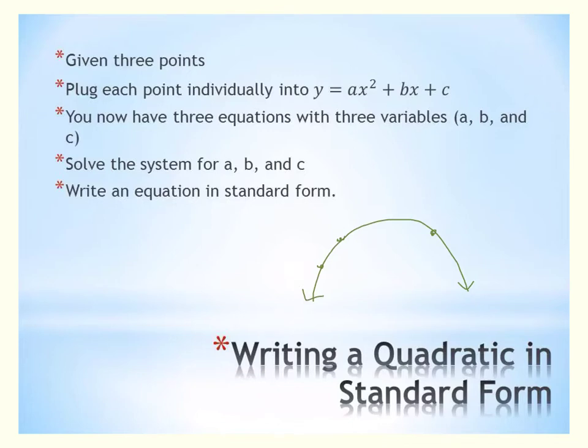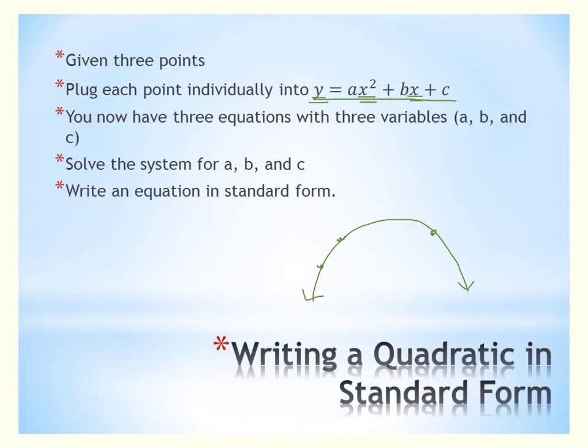We're going to plug each point individually into the equation, because each point gives you an x and a y, which means we'll have a, b, and c. We make a system of 3 equations with 3 variables, a, b, and c, and we're going to solve the system.